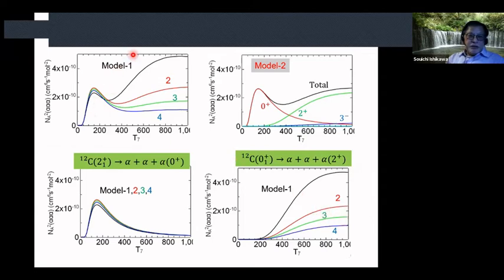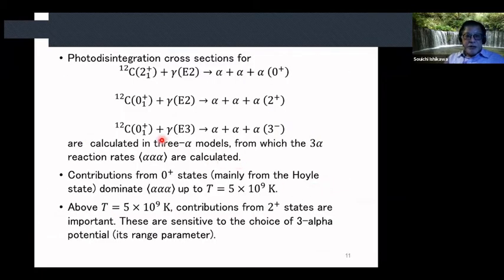So the model dependence of this total reaction rate mainly comes from the ground state to 2 plus state transition. Okay, so this is my summary. I calculated photodisintegration cross sections for each transition channel, from which the reaction rate is calculated.